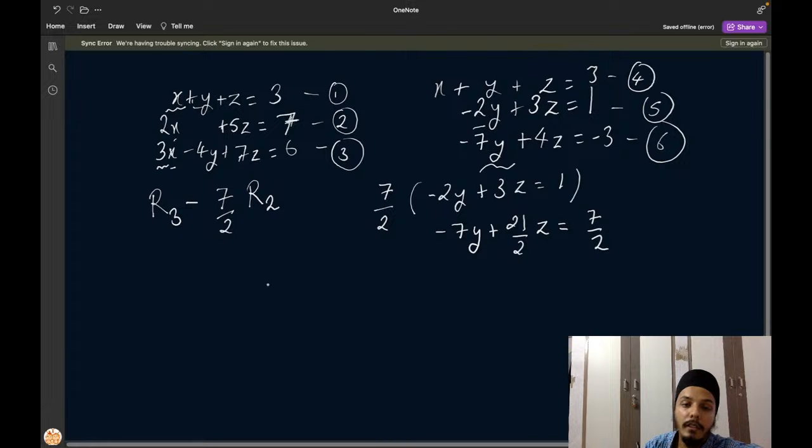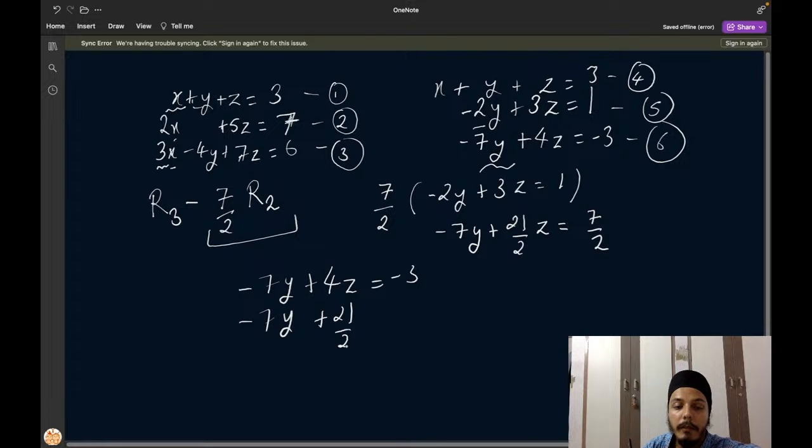Now we will do the subtraction. So this is minus 7y plus 4z equals to minus 3, and our this equation 7 by 2 R2 is minus 7y plus 21 by 2z equals to 7 and a half.